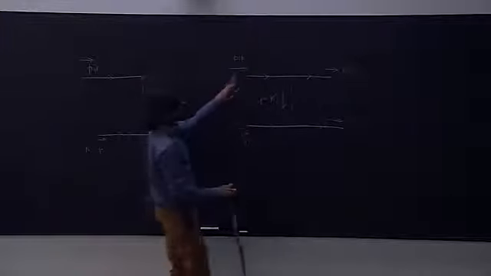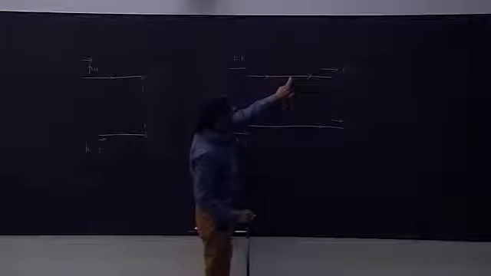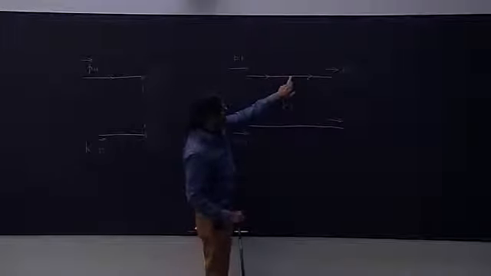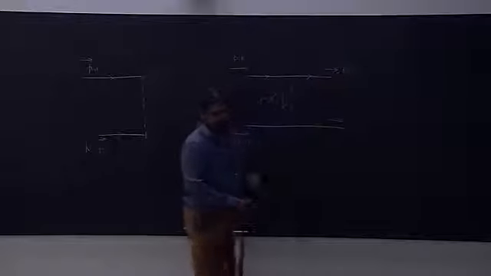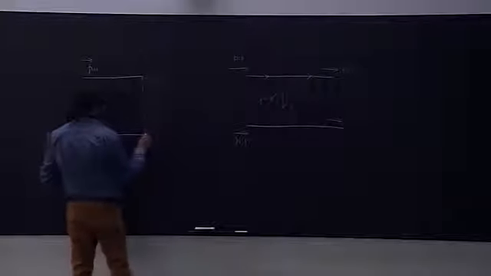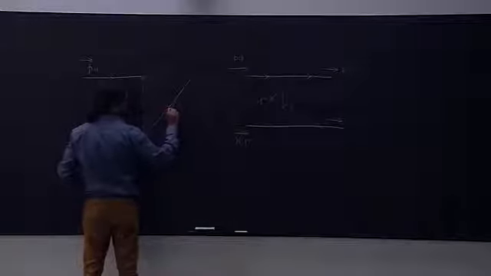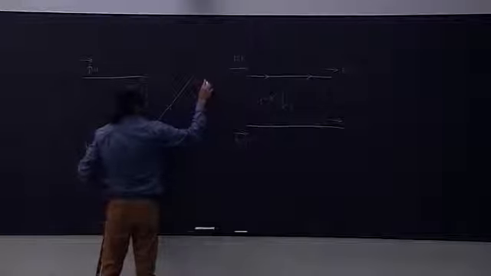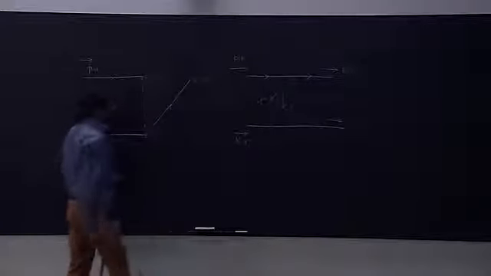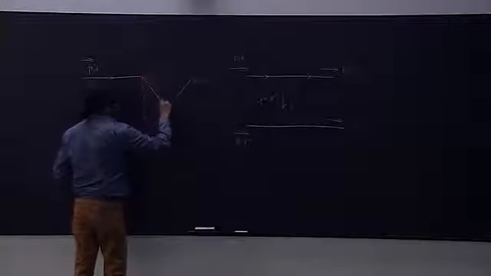See over here, the particle with momentum P came in here, and then over here the particle with momentum K prime was emitted. But that particle could have come from here. So the other is K prime, S prime. And this particle could have come from this vertex.